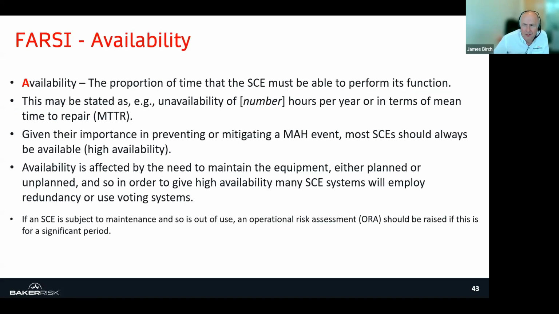If we look again at availability, and I look at the emergency lighting, I want that to be available pretty much all the time, because a lot of my equipment is indoors, I don't have natural light. I need emergency lighting to be available at all times.